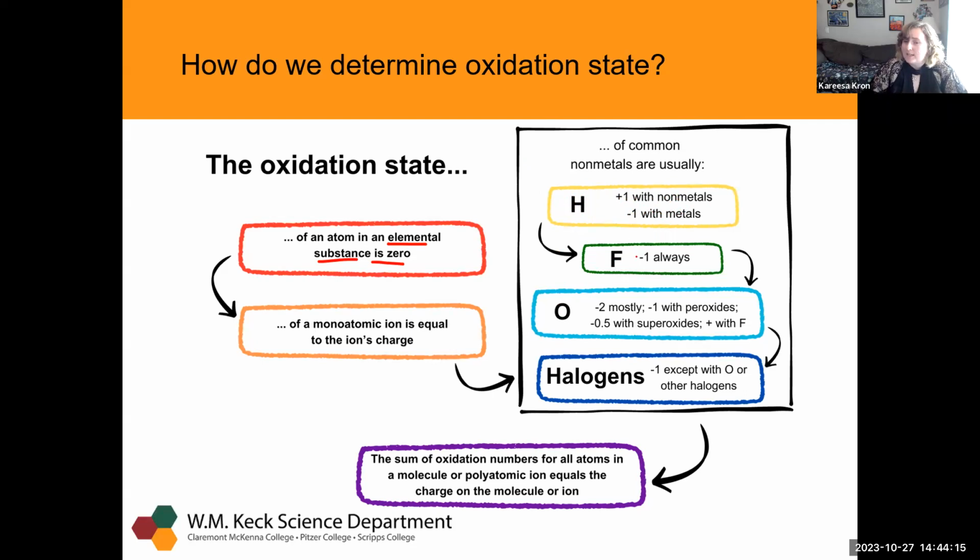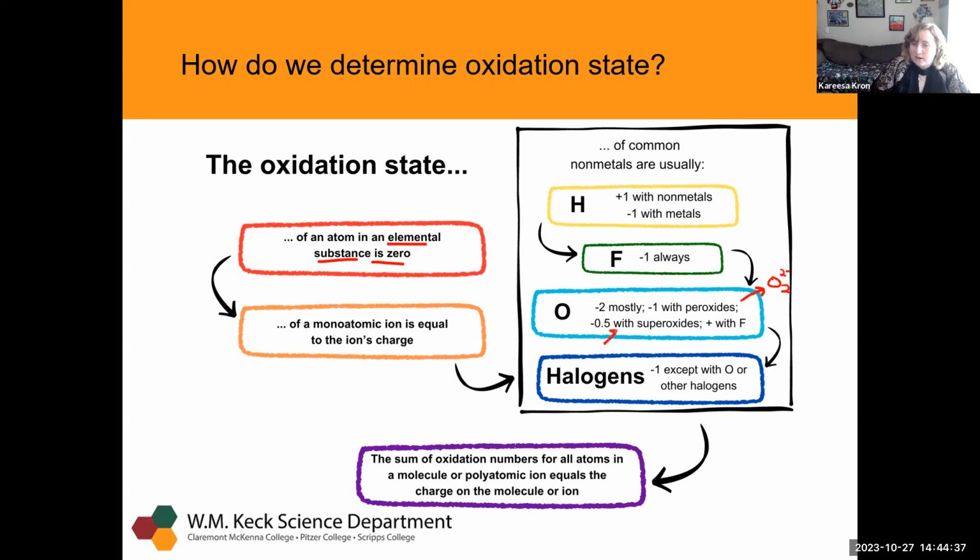Next, fluorine is always -1, such that if you have oxygen, while it typically prefers to be in -2, it could be in -1 with a peroxide, which is to say that you have something that's O2 that needs to have a charge of 2-.